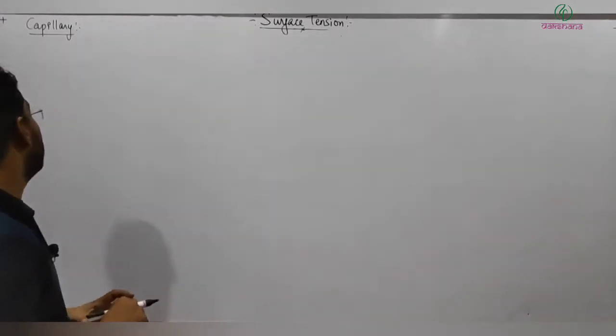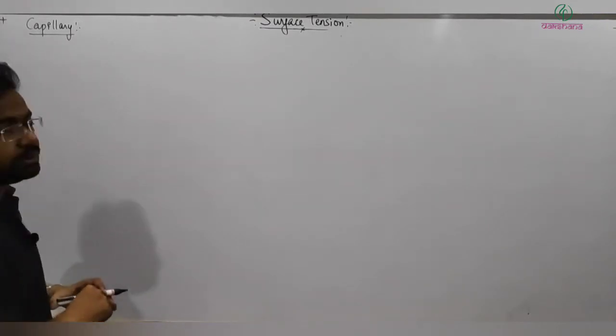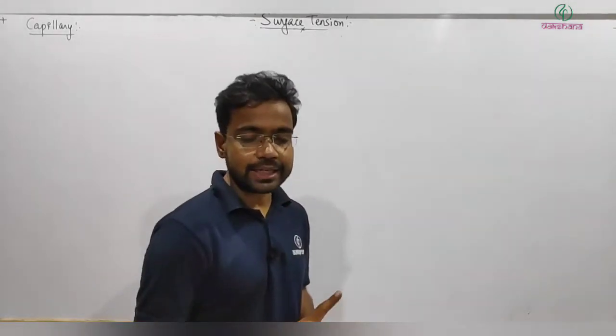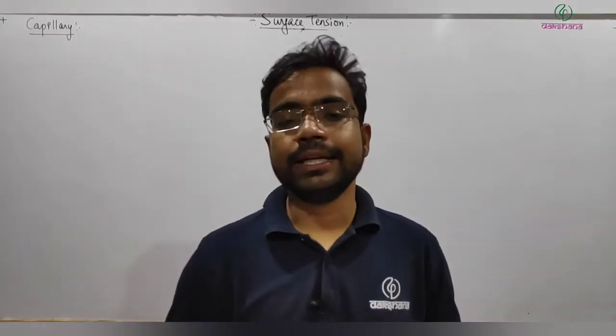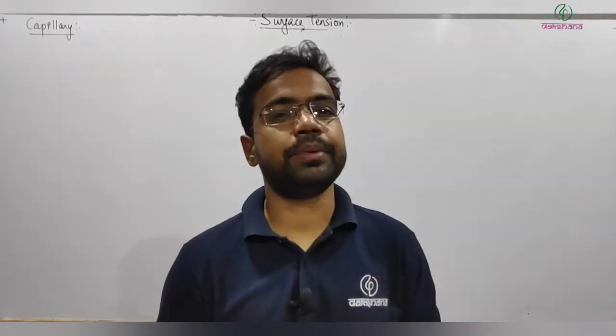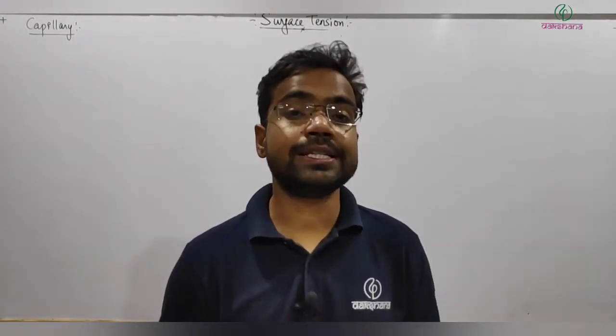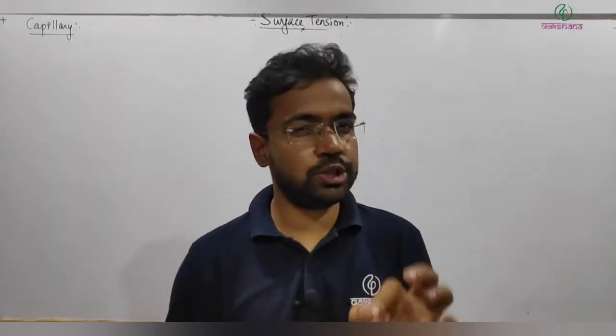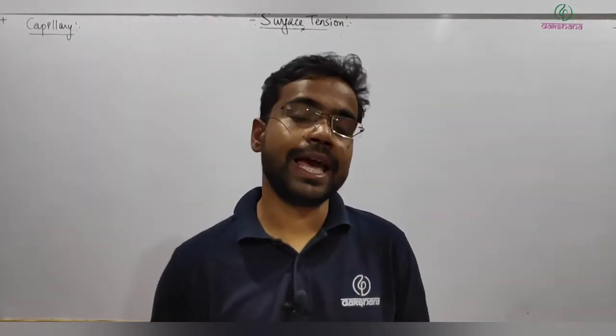First let me tell you what exactly a capillary is. What do we mean by capillary? By capillary we basically mean a very thin narrow tube whose radius is very small. That narrow tube is simply termed a capillary.